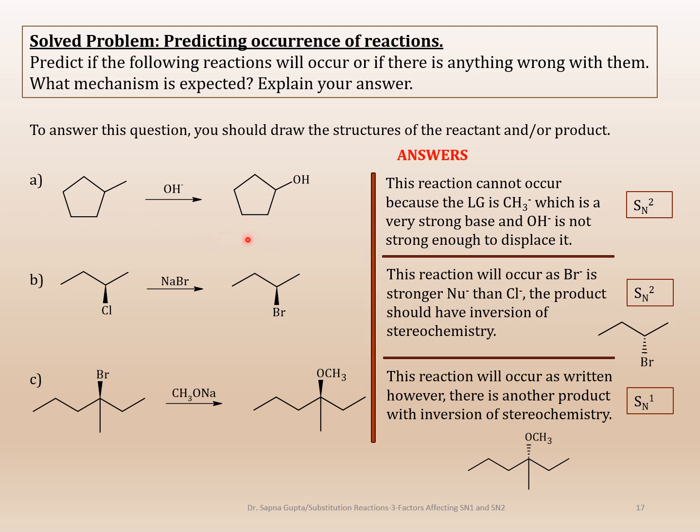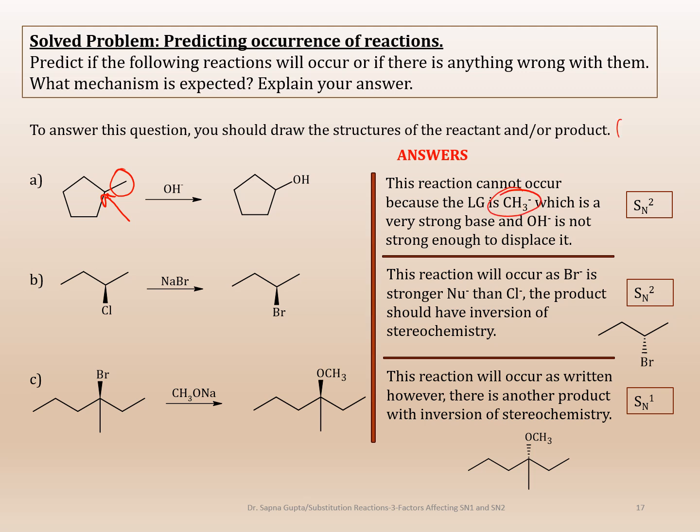This is similar to what I just explained two slides ago, where you have the hydroxide, and then here it is attacking this carbon, so which means this is the new bond, which means that this is the carbon, this is the leaving group, right? So the leaving group is CH3 minus. Is that possible?